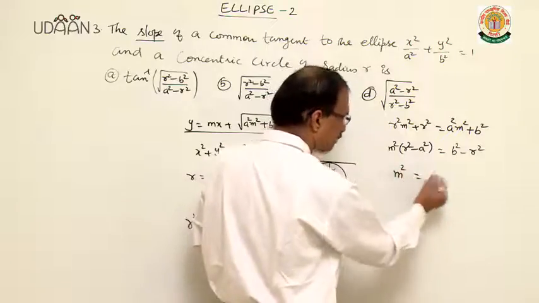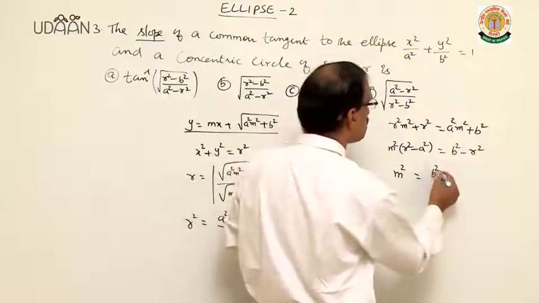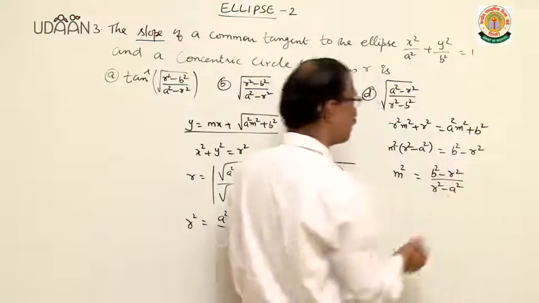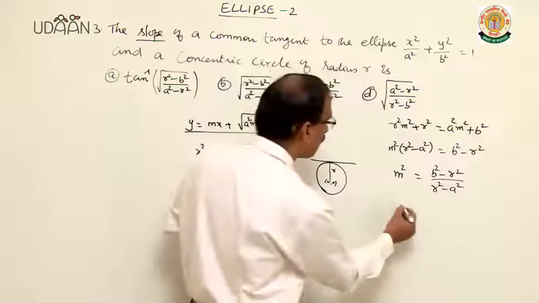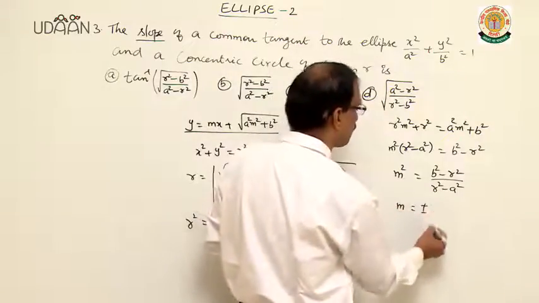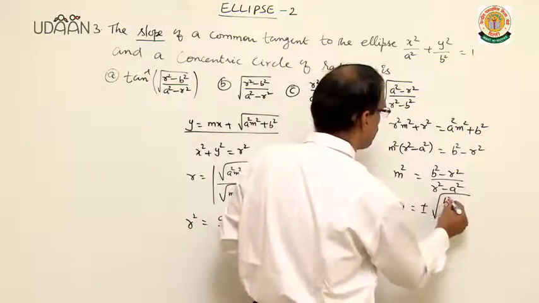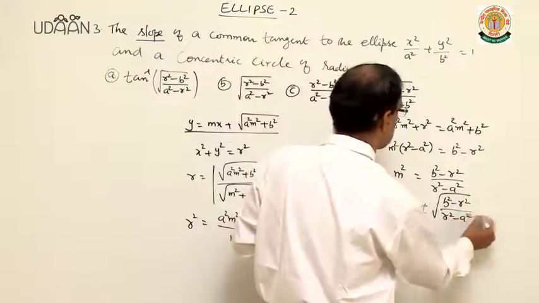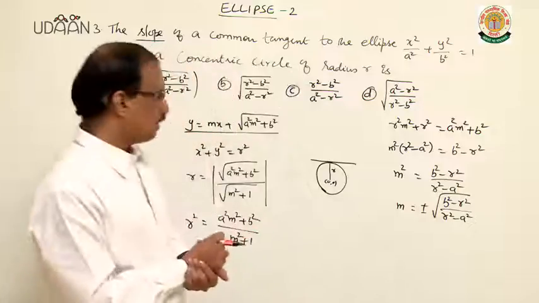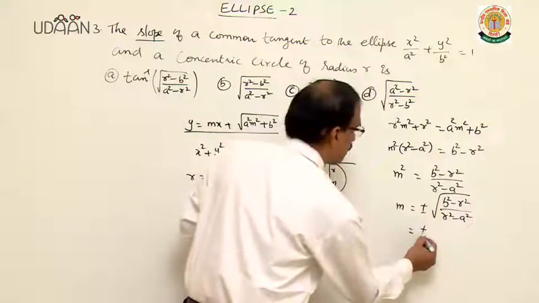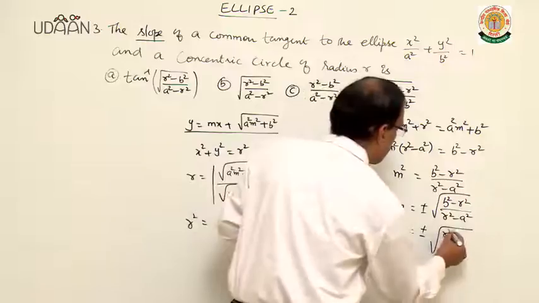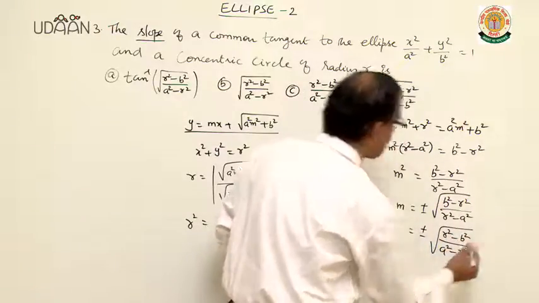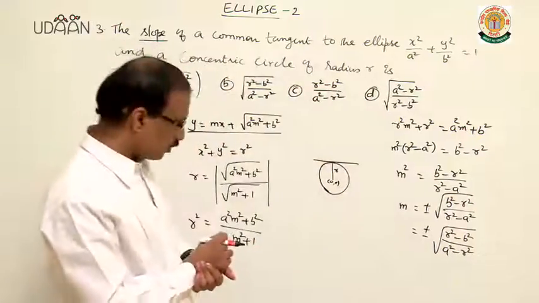So m square equals b square minus r square by r square minus a square. So m equals plus or minus root of b square minus r square upon r square minus a square. Or in another way you can write this as root of r square minus b square by a square minus r square. This way also you can see that.